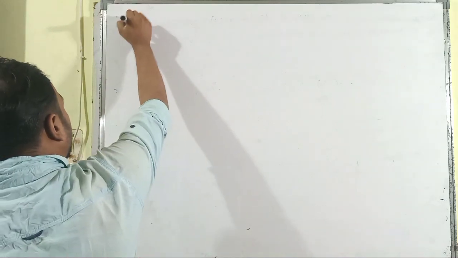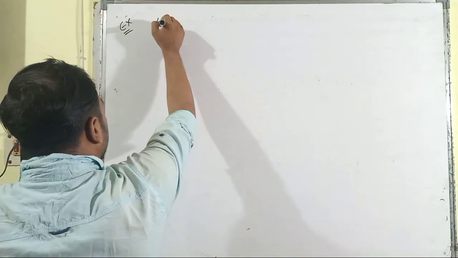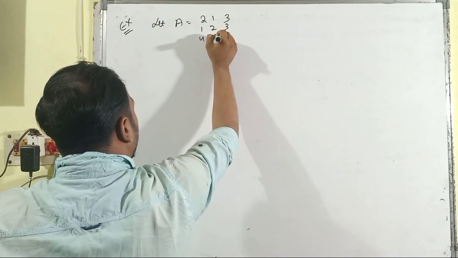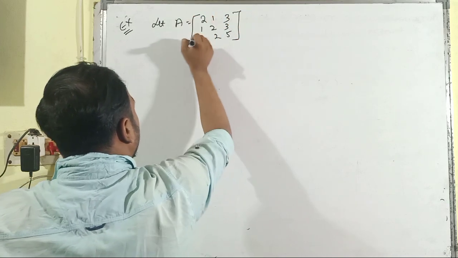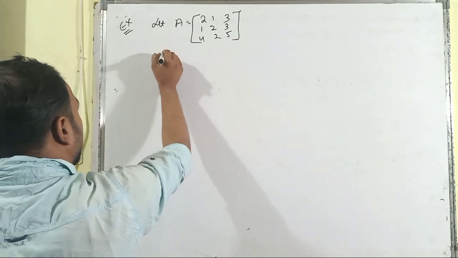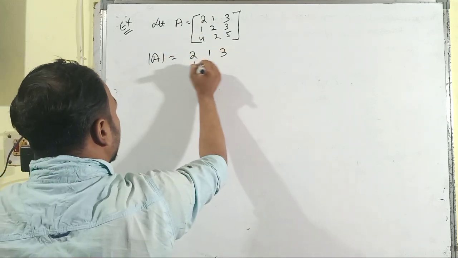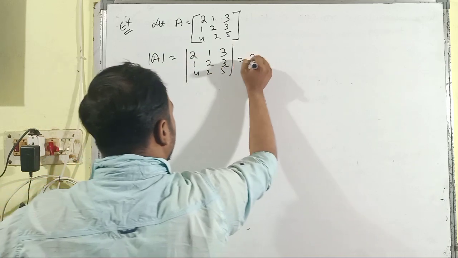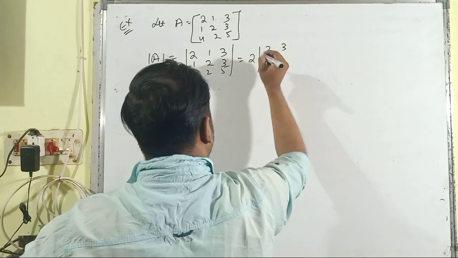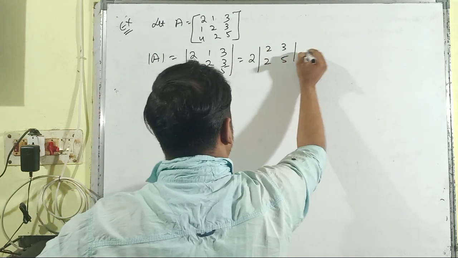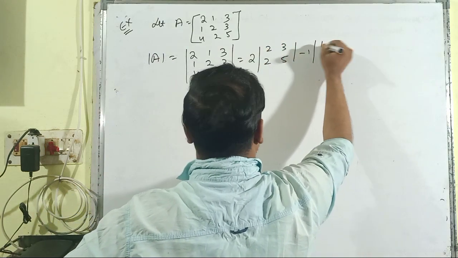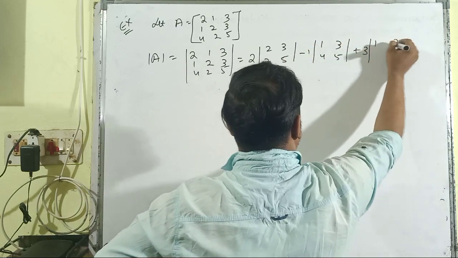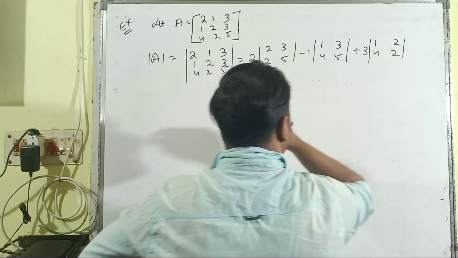So it is the example based upon property number 6. Let A be the matrix with rows 2, 1, 3; 1, 2, 3; 4, 2, 5. Then the determinant of A is equal to this determinant, and this value is equal to 2 multiplied with (2 times 5 minus 3 times 2) minus 1 multiplied with (1 times 5 minus 3 times 4) plus 3 multiplied with (1 times 2 minus 2 times 4).